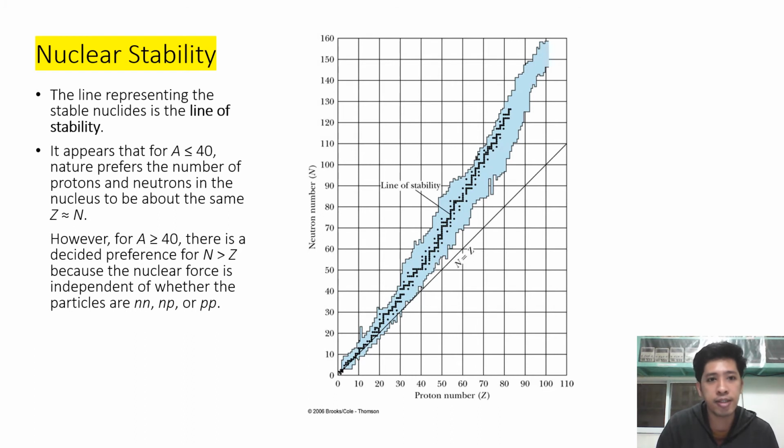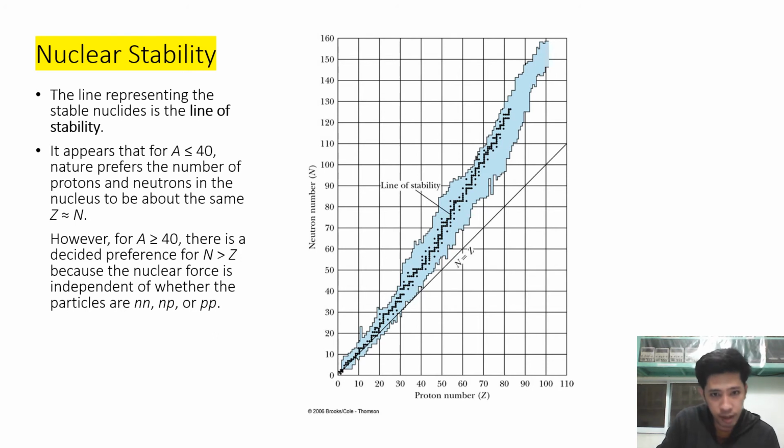This line represents the stable nuclei, and it appears that if A is less than or equal to 40, that is, the sum of N and Z is at most 40, nature prefers the number of protons and neutrons in the nucleus to be about the same for the nuclide to be stable.